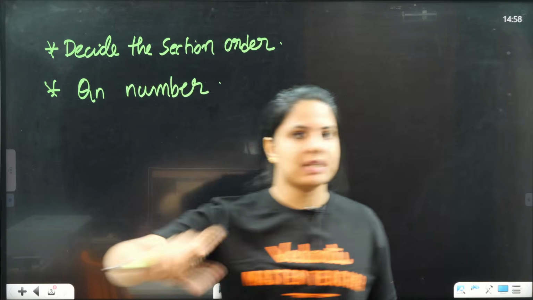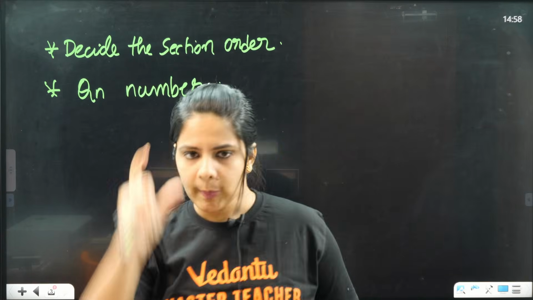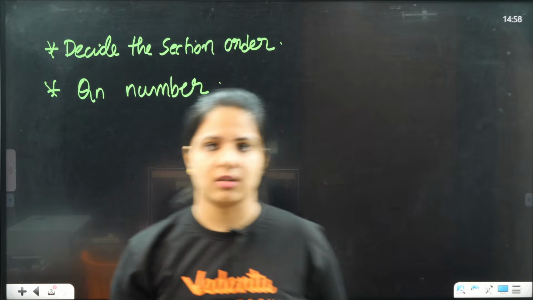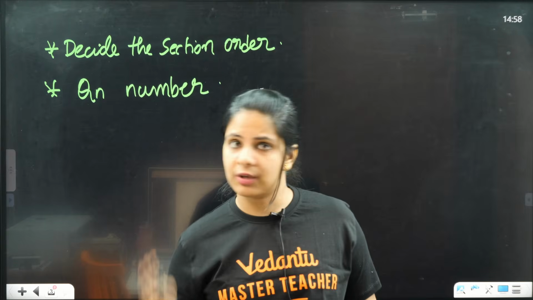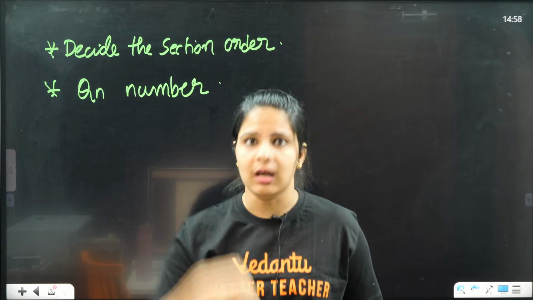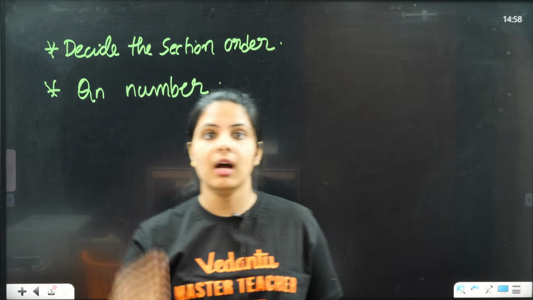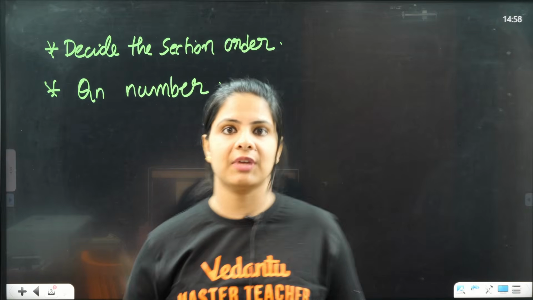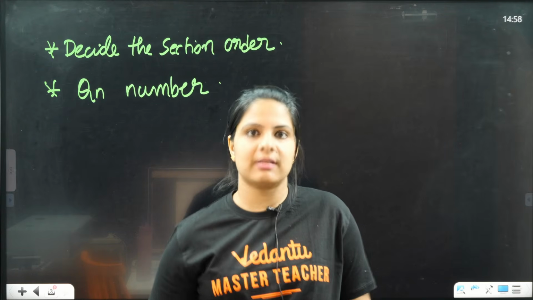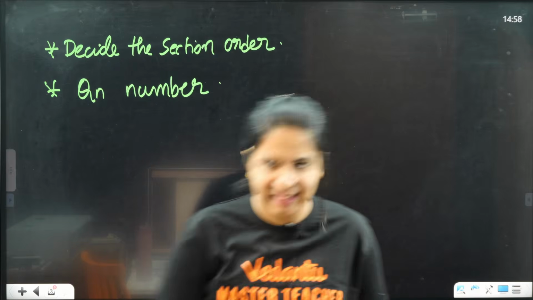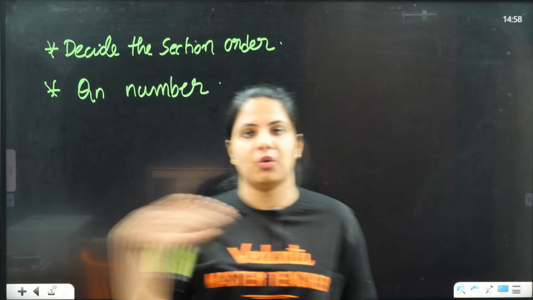So first, as I mentioned, the section. While you are deciding the section, if you are comfortable with section C, and section E has high weightage, 15 marks, if you are confident, start with that, no worries. But complete section E first, and after that you should go for another section.